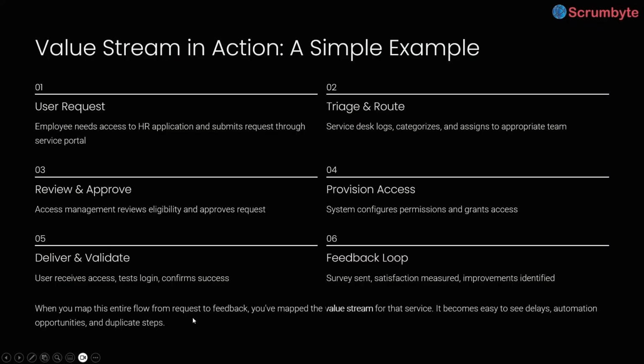So when you map the entire flow from request to feedback, you map the value stream for that service. It becomes easy to see delays, where there is an opportunity for automation, and you can also see where there are multiple duplicate steps.